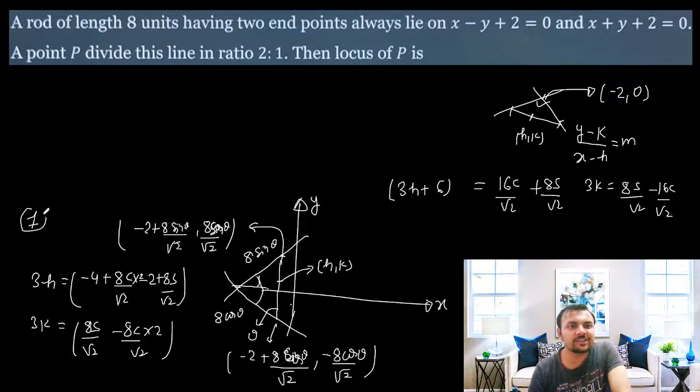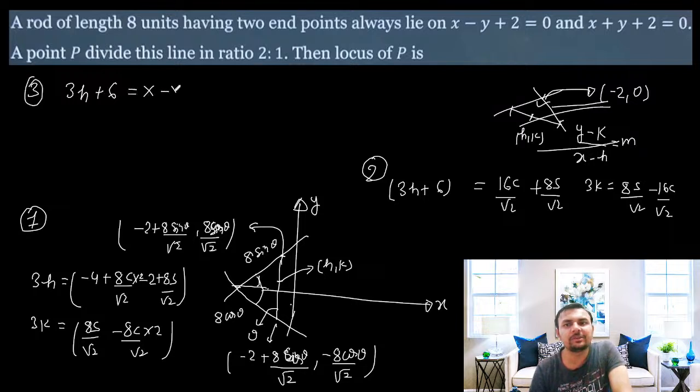So this is the first step. Okay, this is the second step. This is also wrong. So what will happen if we add both of them, or we consider 3h plus 6, it is the third step, equal to capital X plus Y, and minus X plus Y is equal to 3k.